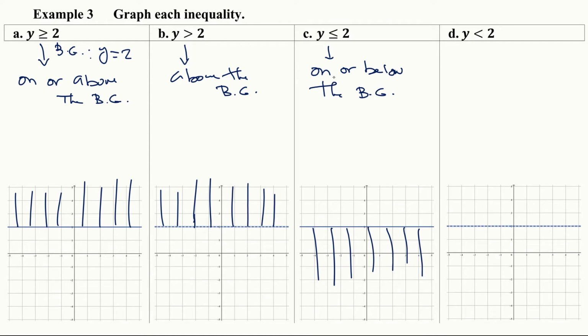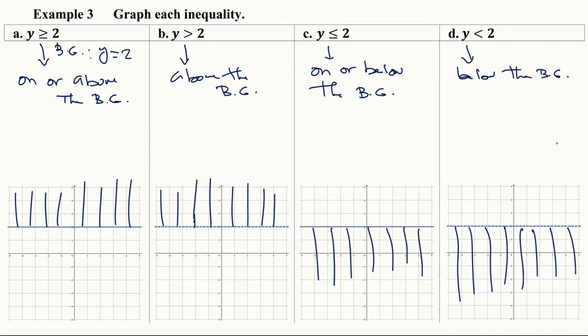And for this one, we only want the points whose y value is strictly less than 2. So we don't want the points on the line, that's dashed. So we want only the points below the boundary graph. Just like that. Okay, so these are the special cases.